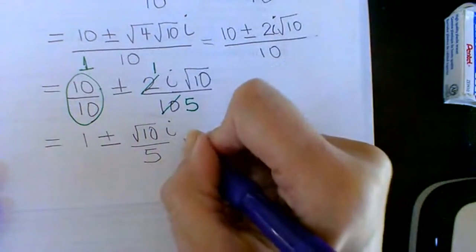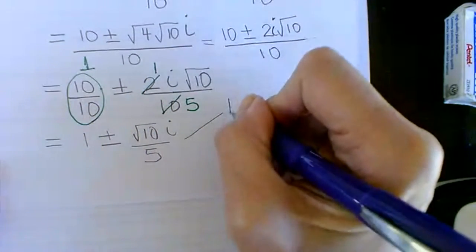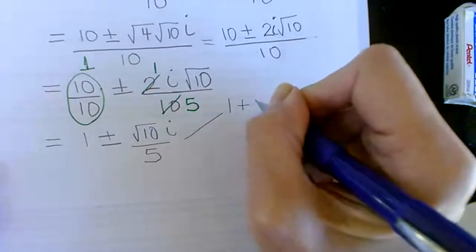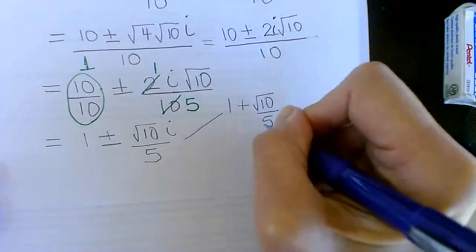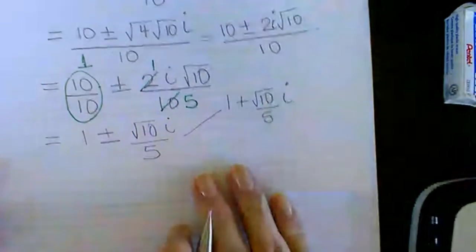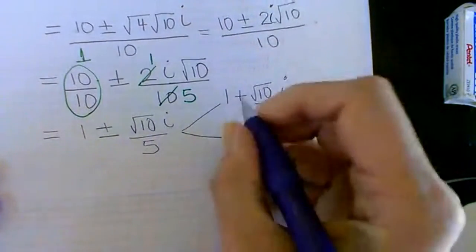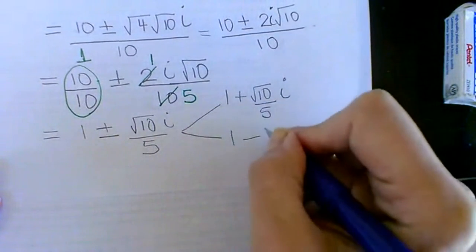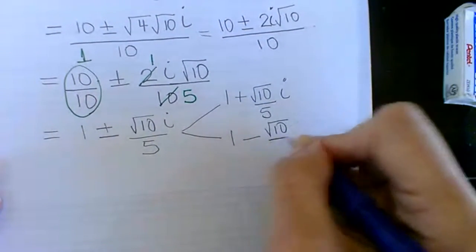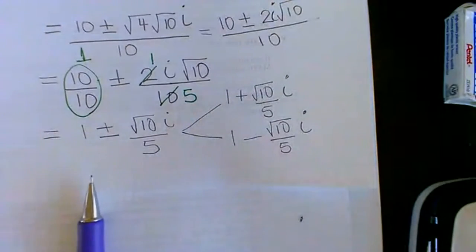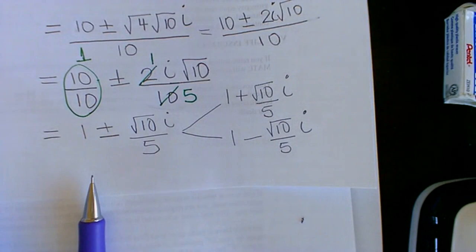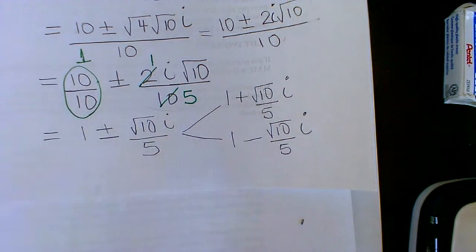So I have 2 answers. One is going to be 1 plus the square root of 10 divided by 5 times i. And the other one is going to be 1 minus the square root of 10 divided by 5 i. Good job, Sadie. My 2 answers, guys.